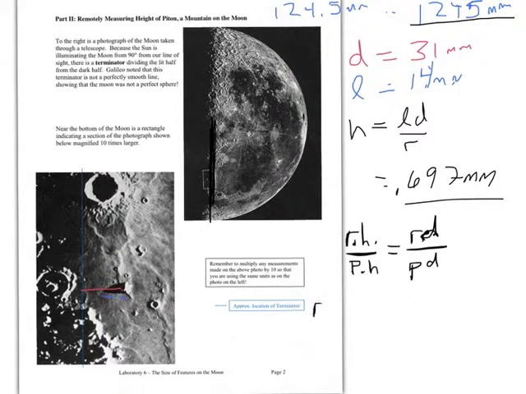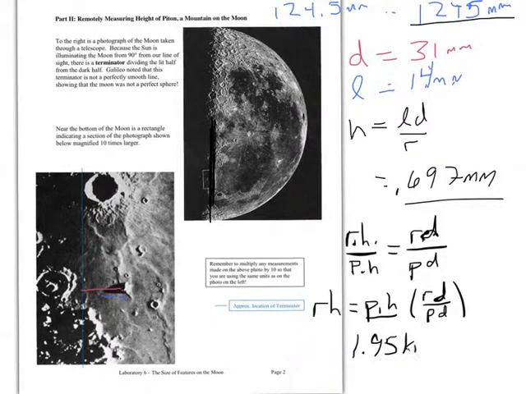So the actual real height of Python, I can cross multiply, so I'm going to get photo height times the real diameter over the photo diameter. The photo height is just the 0.697 millimeters. The photo diameter is the 1,245 millimeters we measured. We can look up the real diameter of the moon is 3,476 kilometers. If you plug that all in, I get, with my calculations, 1.95 kilometers.